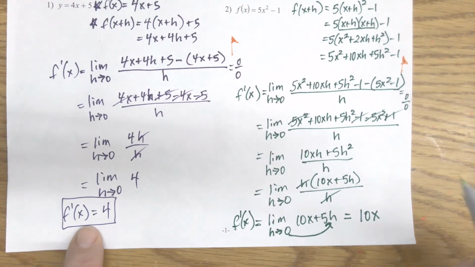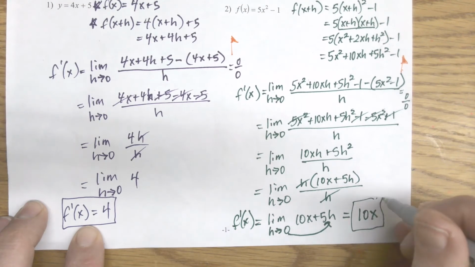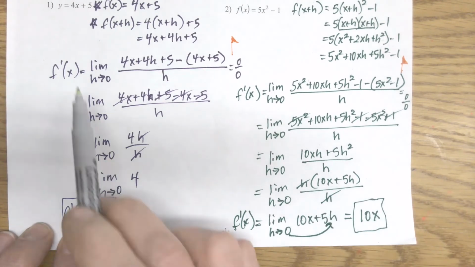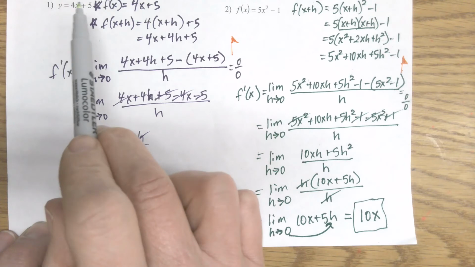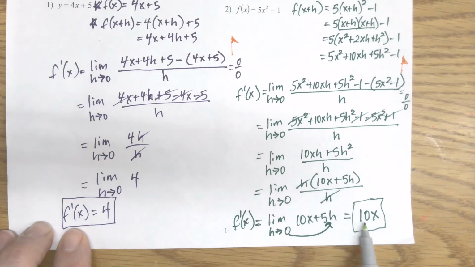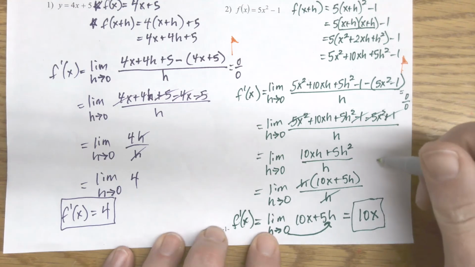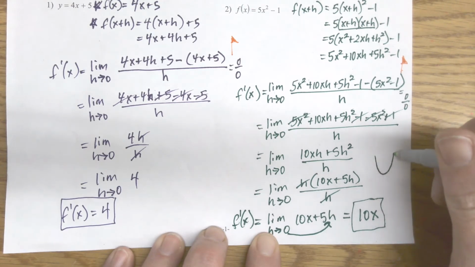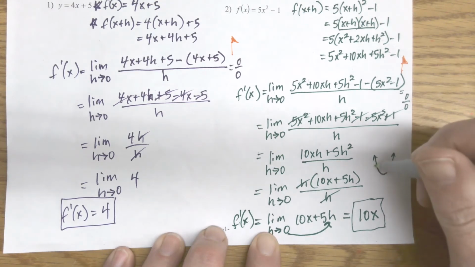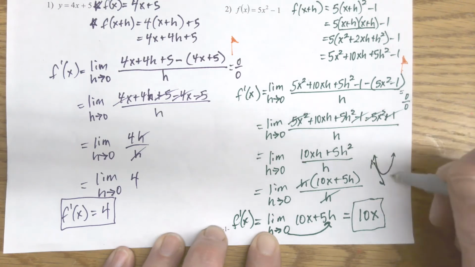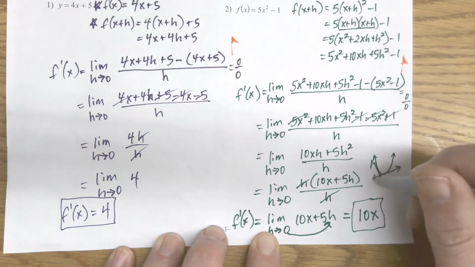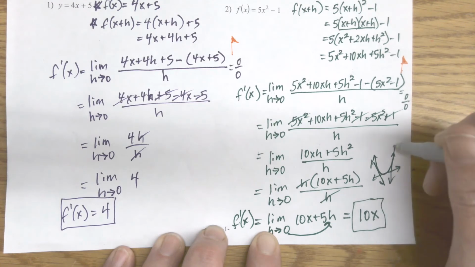Now notice the previous one had a constant value. That's just because of the initial function. This one has a variable in it, and that's because if you think about what a parabola looks like, depending on where I draw my tangent line, the slope is going to change.